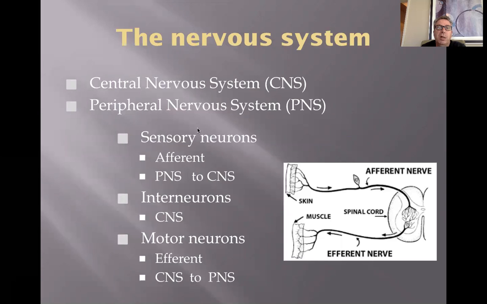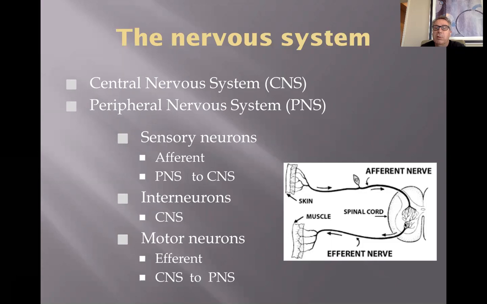All right, so when we talk about the nervous system, and we talked about this last time when we talked about the peripheral nervous system or the action potential, it's made up of 2 parts: the central nervous system, which consists of the brain and the spinal cord. The peripheral nervous system includes all the others, the nerves, and we talked about sensory neurons, interneurons, motor neurons, right, where the sensory goes from, let's say, the skin to the spinal cord.